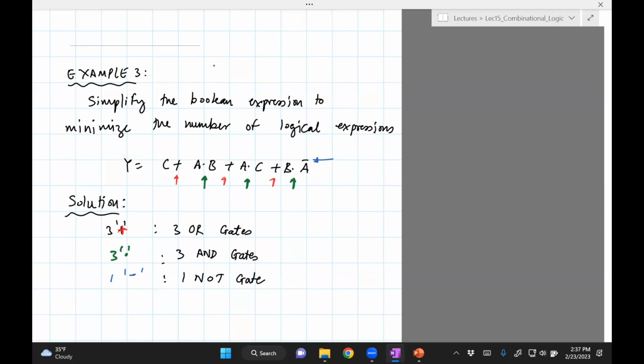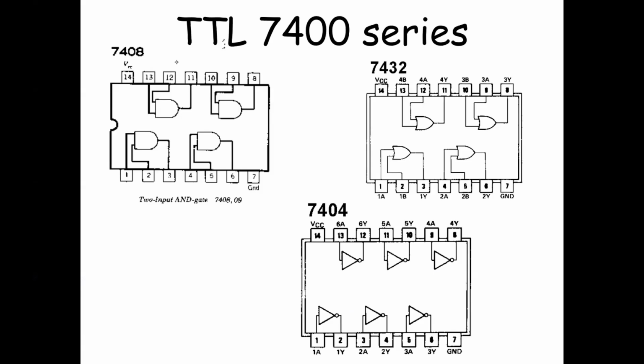Okay, so we have this particular 7408 is an AND gate, and there are 4 gates on one chip, which means you need just one chip because you can use three of those AND gates on that chip. We need 3 OR gates. So we have 4 on 7432. So we need 1 7432, and then we need one NOT gate, which is 7404.